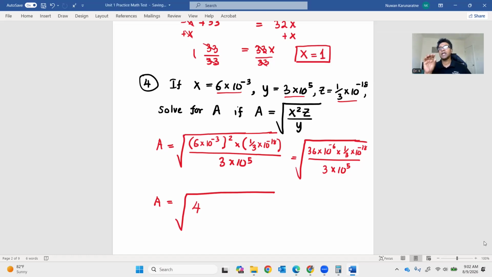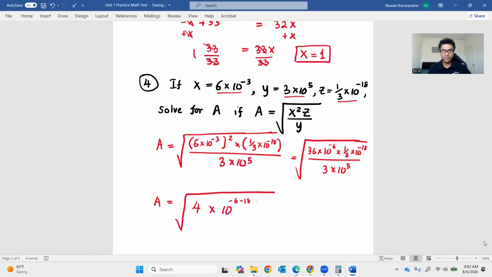And then I'm going to look at the 10 to the power terms, right? So in the numerator, can you see there's a minus 6, minus 18. Okay, and then look at that 5. 10 to the power 5, that exponent is positive, but it's in the denominator. So when I take it to the numerator, that exponent changes sign.